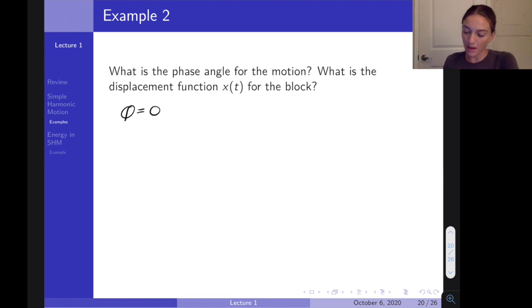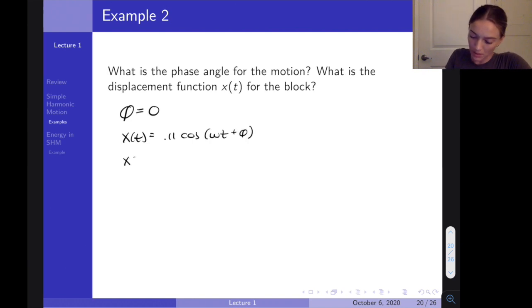Another way to figure that out is we can write here that we know the amplitude is 0.11. We know the position at t equals 0, right? At 0, we have cosine of omega times 0, so that's 0, so we just have cosine of phi.